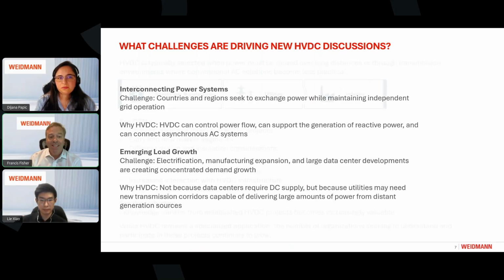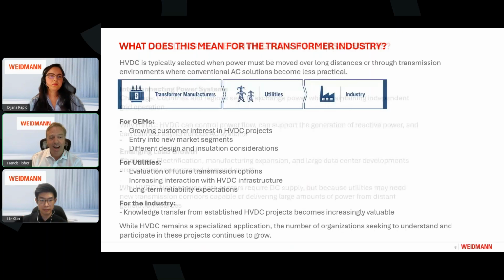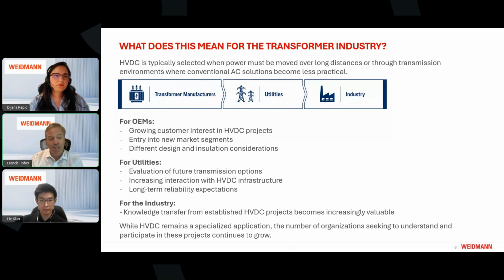So with that short introduction, I will just explain what we see that meaning for the transformer industry. As I mentioned, HVDC is more than likely selected when power has to be moved over long distances or through transmission environments such as submarine cables, where AC solutions are not possible or at least less practical. And that has an impact on different parts of our industry.